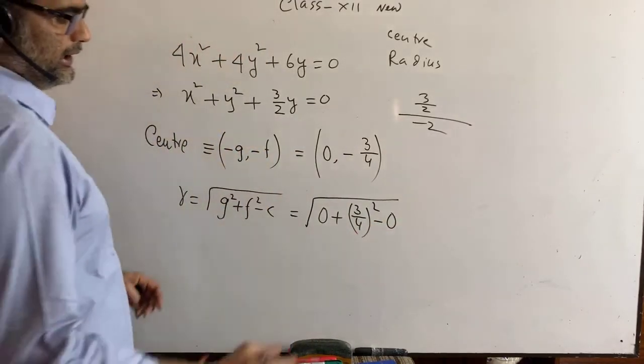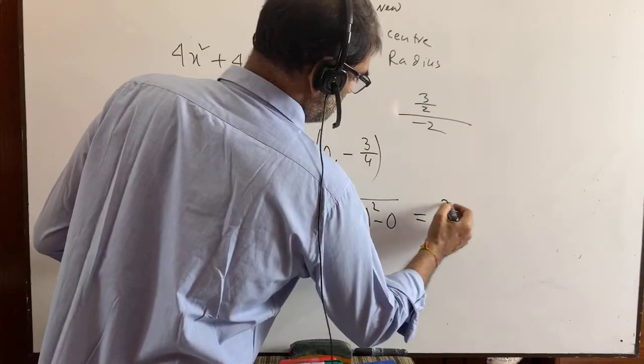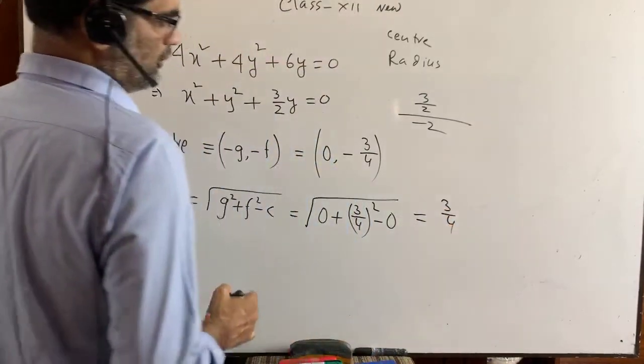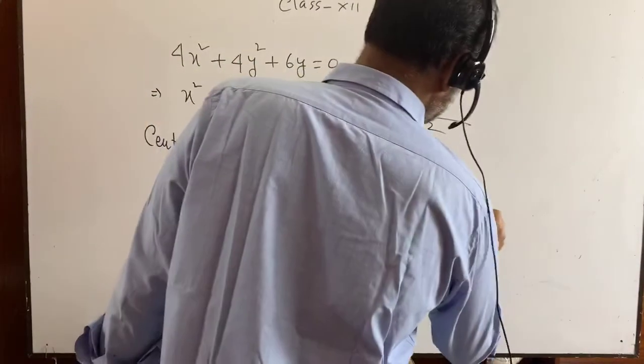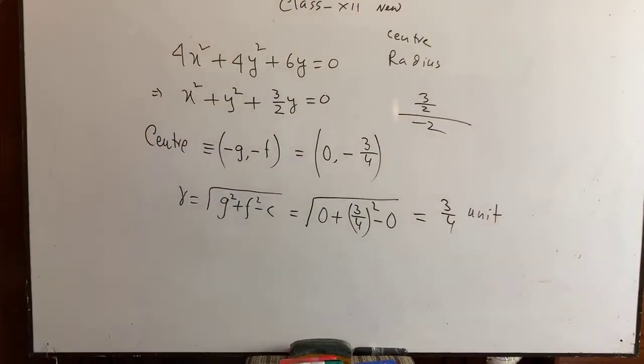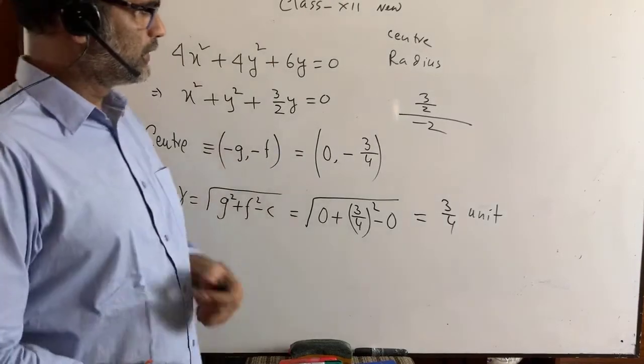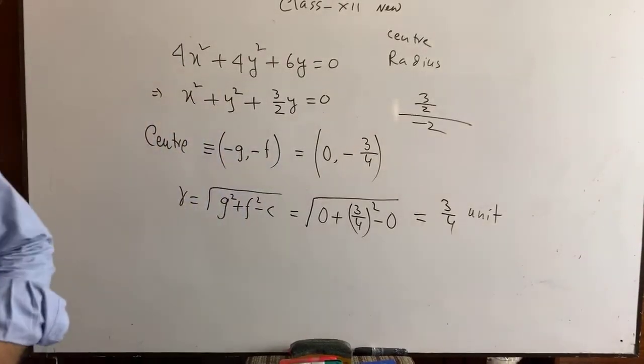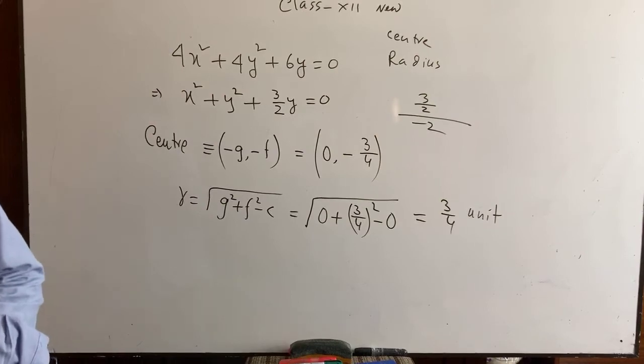So we are getting here 3 by 4. Its radius is 3 by 4 unit. So we are done. We have got the center and radius. Please pay attention. It is important to be given in the examination.